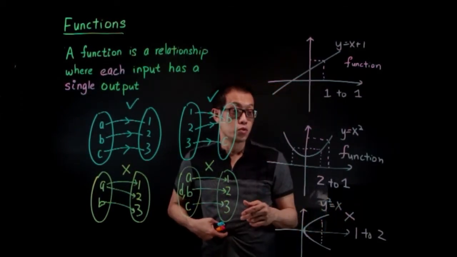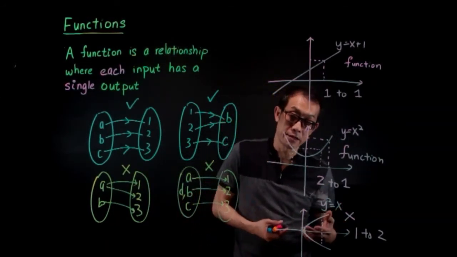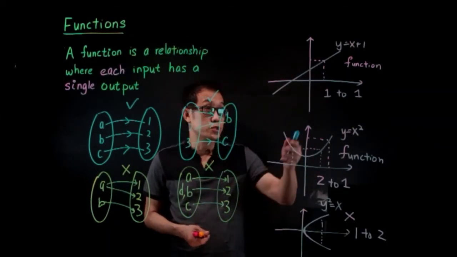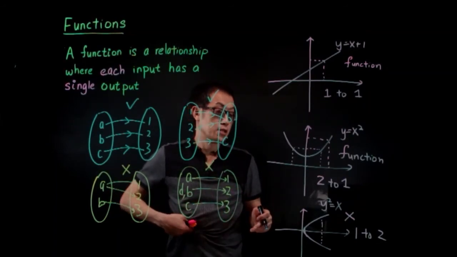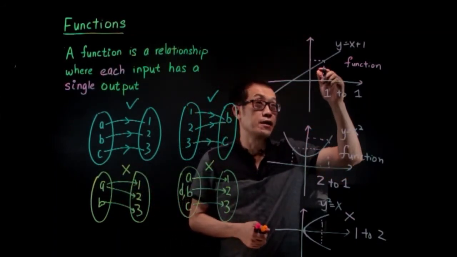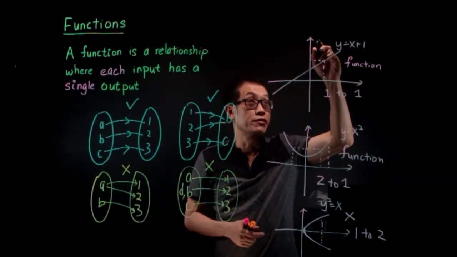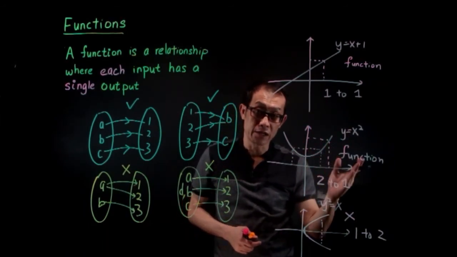Now that comes to the vertical line test. Now, what is a vertical line test? It is to see whether it's a function. You can draw a vertical line. If within the domain it cuts the graph only once, then it is a function.